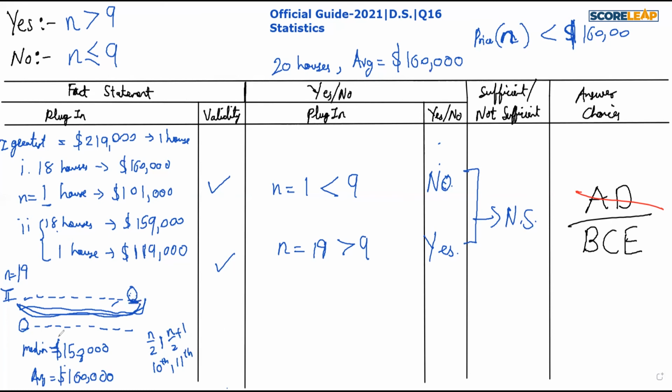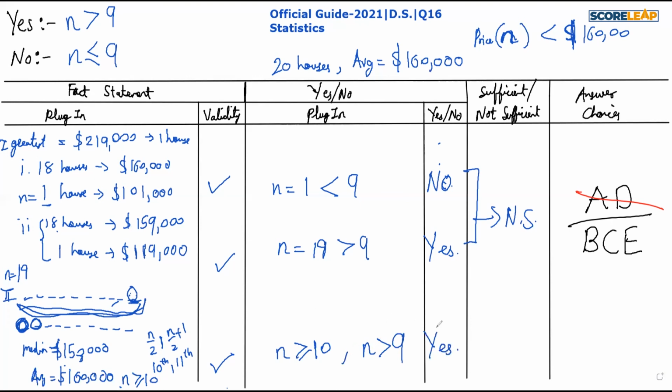So we can conclude that n is greater than or equal to 10, because the other values can also be less than 160. But we are confirmed that at least 10 values will be less than $160,000. Validity check: for n greater than or equal to 10, n will always be greater than 9. So we get a yes over here.